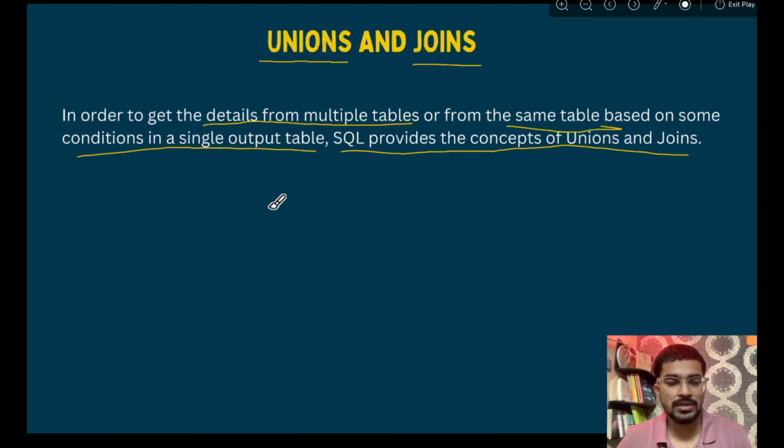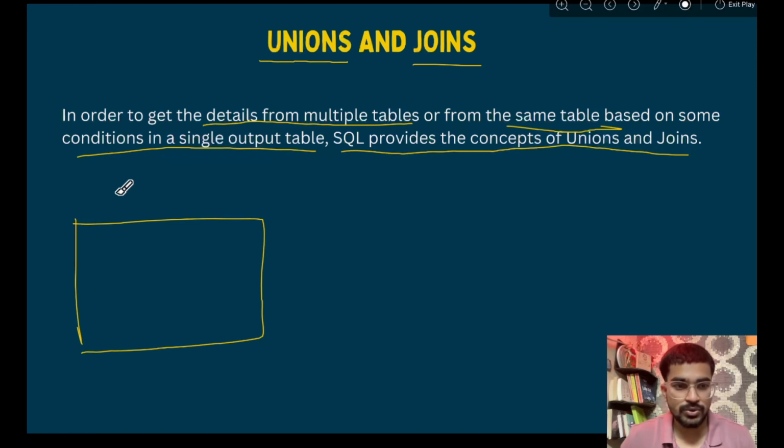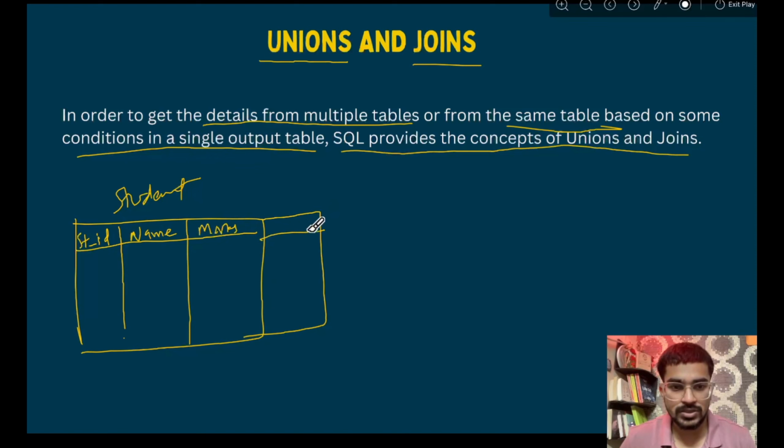Let me give a simple example. Let's say there is a student table with columns: st_id, which is the student id, name, marks, and another column called p_id, which is the parent id.